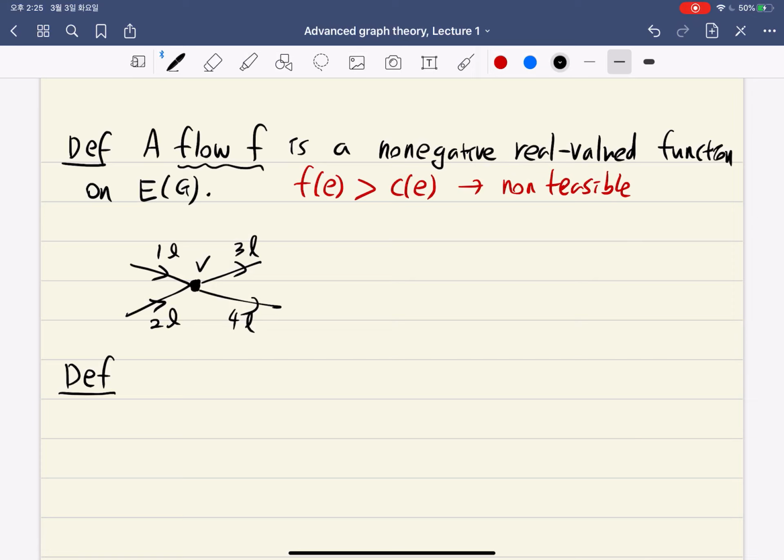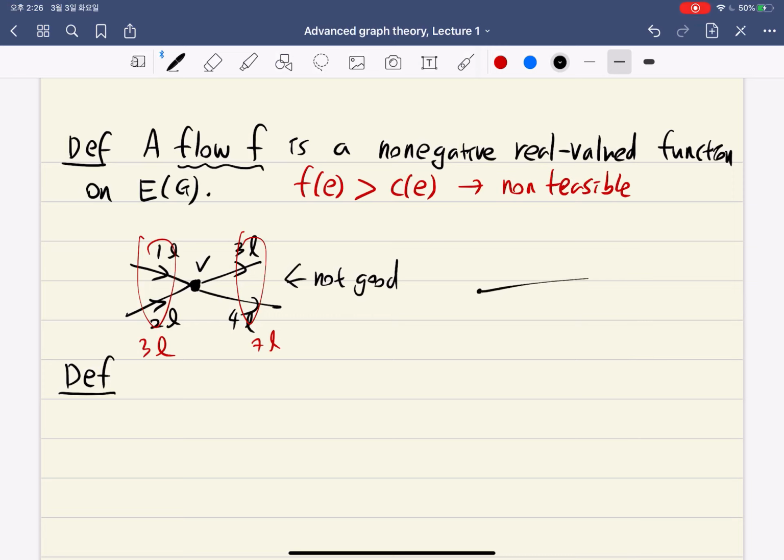We are assuming B is not a source or a sink. Then 1 plus 2, that is 3 liters of water in total, is flowing in, and 7 liters is flowing out, which is absurd. Unless water is magically produced there, which only happens in a source. You get 3 liters of water and flow out 7 liters, which is impossible. So we don't want this situation.